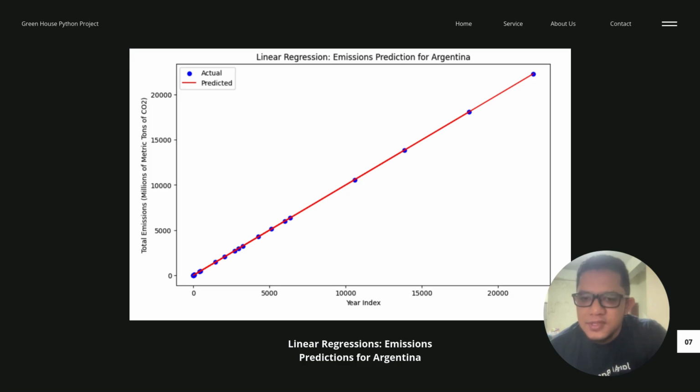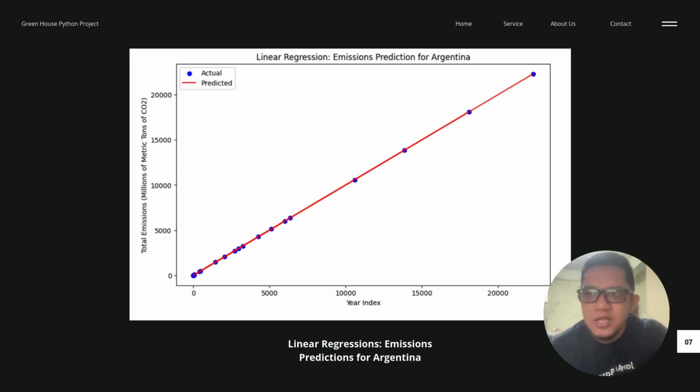And using linear regression, especially for emission prediction for Argentina, we found that the linear regression model used in the analysis provides very accurate results in predicting Argentina's emissions. It shows that the country's carbon emissions have experienced fairly steady growth over time.